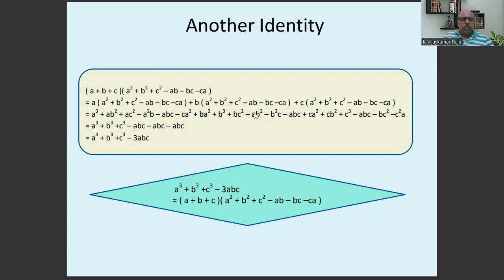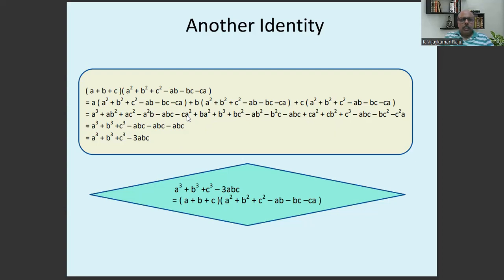This is positive, this is negative, they cancel. AC square, AC square, this and this cancel. A square B minus A square B plus A square B, this cancels.